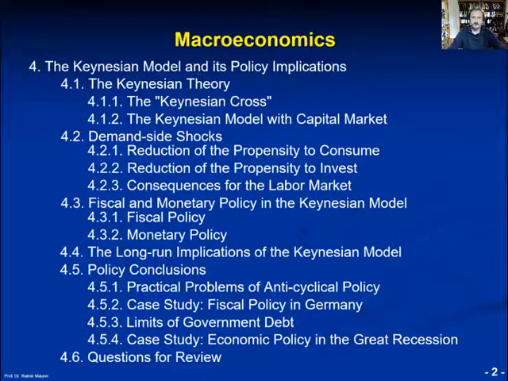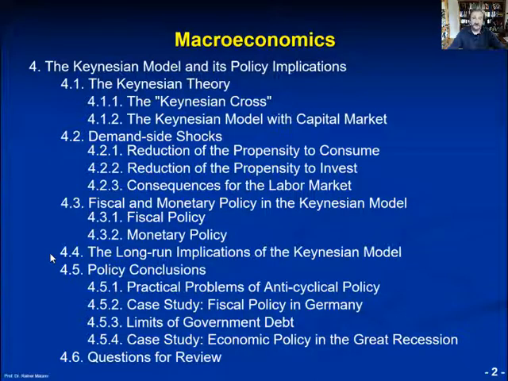After this analysis, we will turn to the long-run version of the Keynesian model in section 4.4. In the long-run version of the Keynesian model, the assumption of constant prices for goods is replaced by the assumption that prices are flexible.